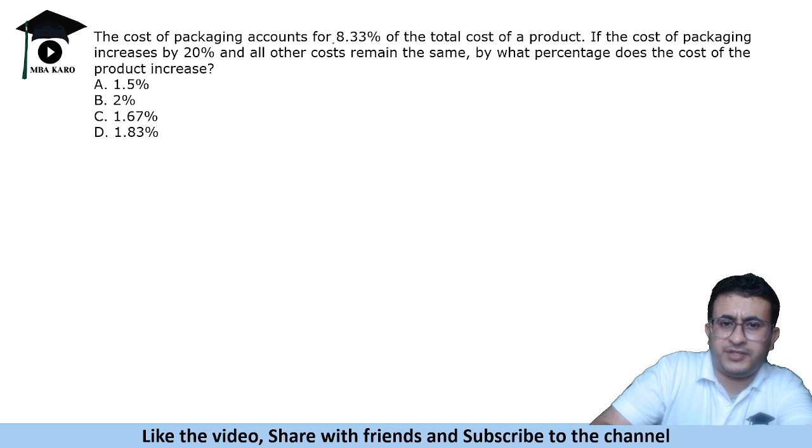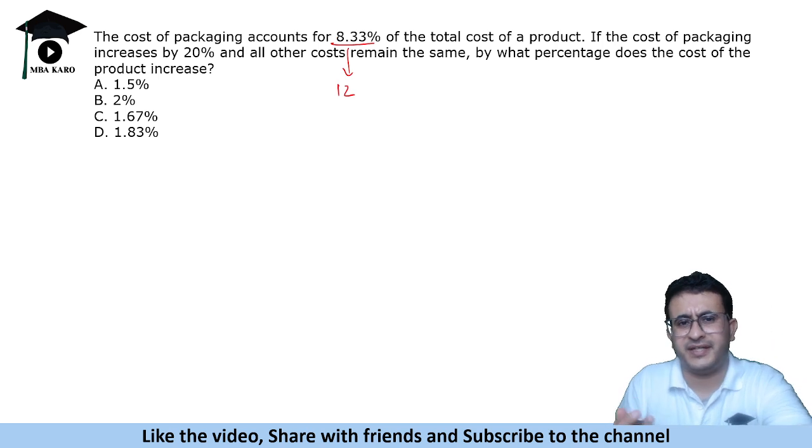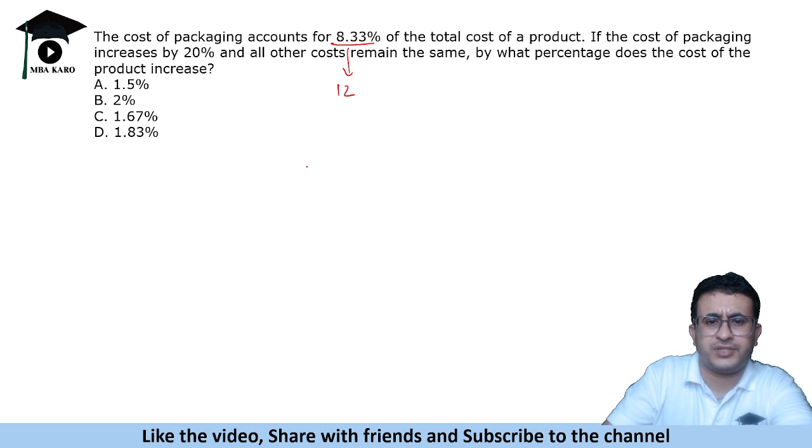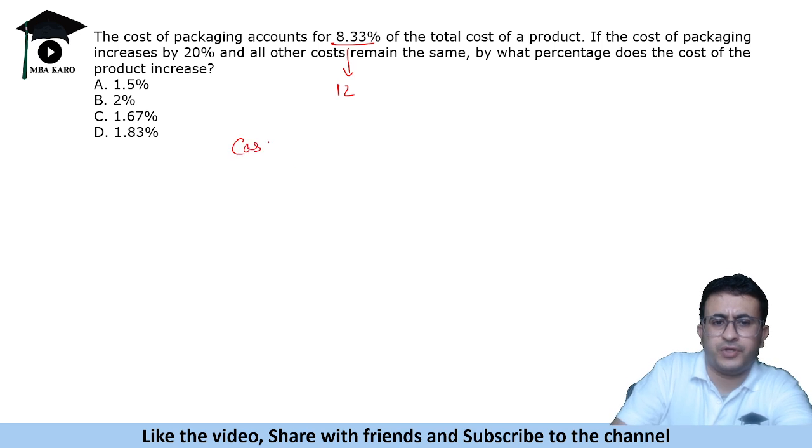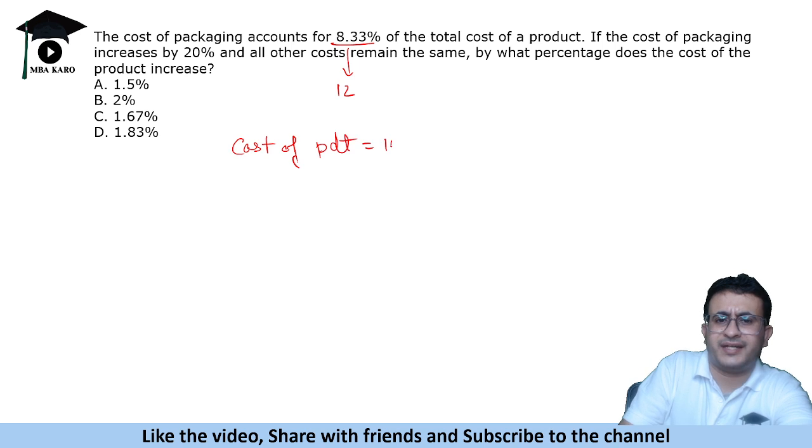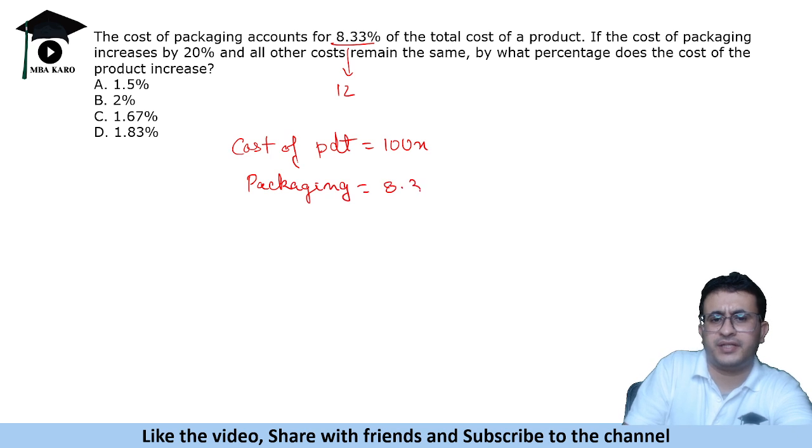So 8.33% is 1 by 12. Generally what people do is they take the cost of the product as 100x, then they say packaging is 8.33x.